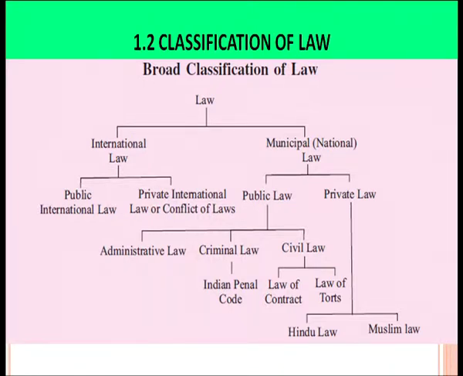The first category is the difference between the international law and the municipal law. The second difference will be between the public law and the private law. Apart from these two major differences, the other difference will be between the substantive and the procedural law, and then there are other kinds of classification which are given in your book.